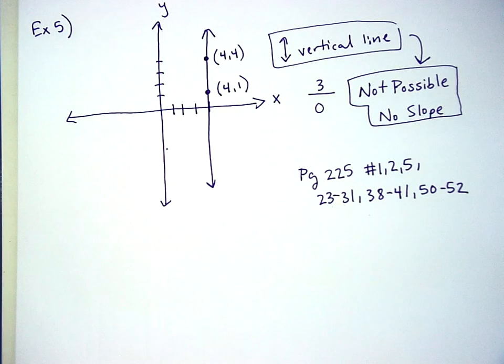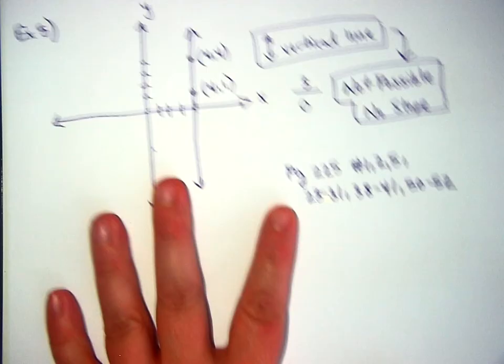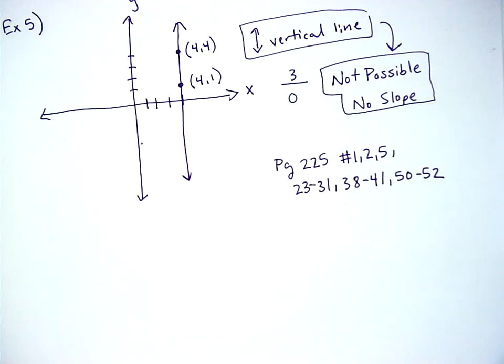All right, so your homework is page 225, 1, 2, and 5, 23 through 31, 38 through 41, and 50 through 52.